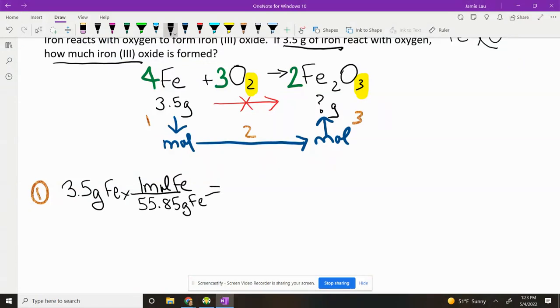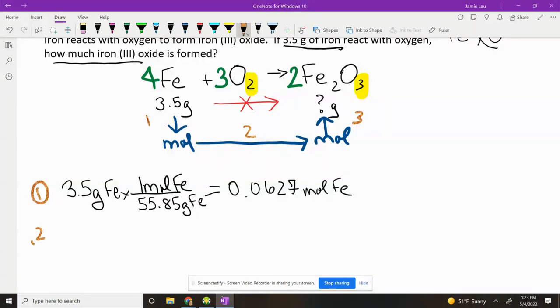If you're struggling with this part, I encourage you to go back and watch the videos from before on mole-gram conversions. When I do this, I get 0.0627 moles of iron.